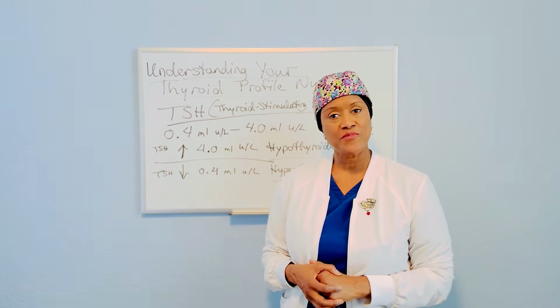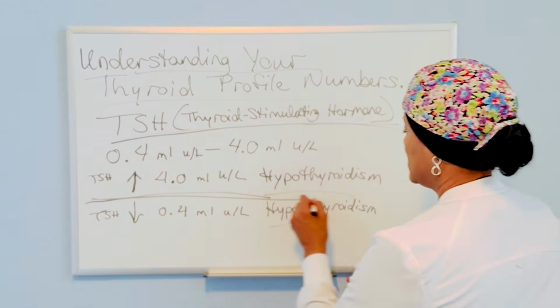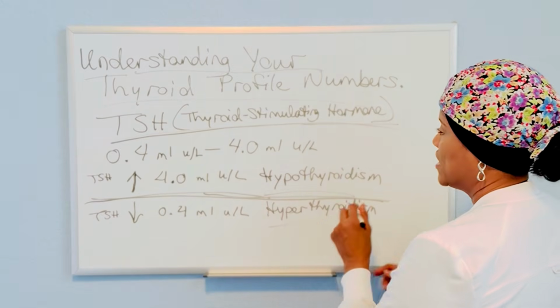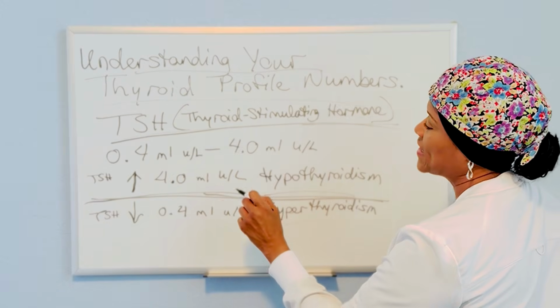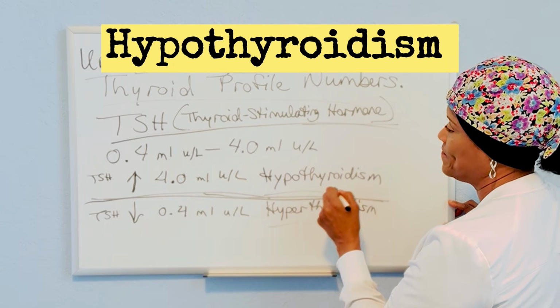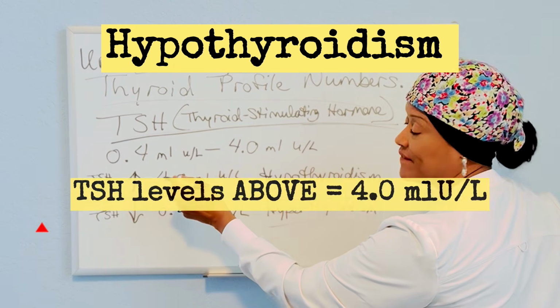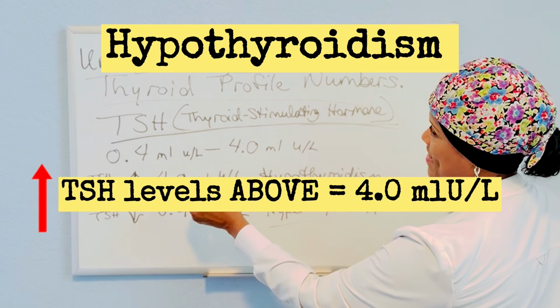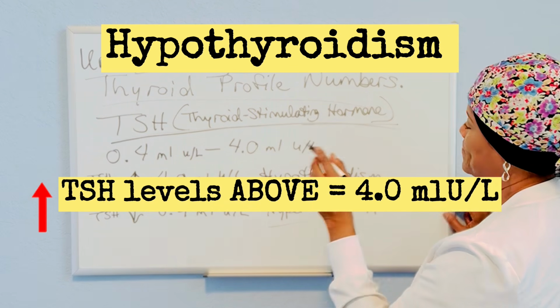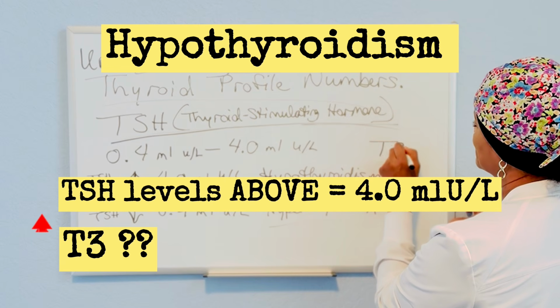So what do these numbers mean? Well, let's break it down here. So typically, hypothyroidism, like I said, is elevated, above 4.0 TSH, right? So what's happening to the T3 and the T4 in this case?